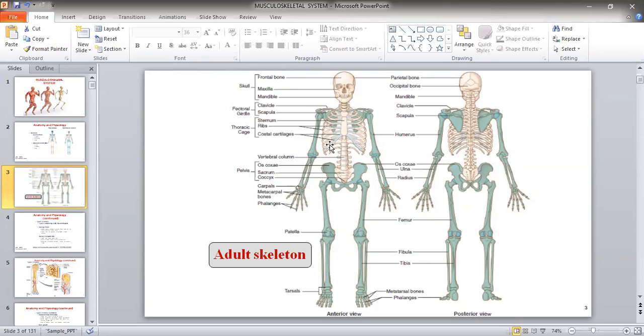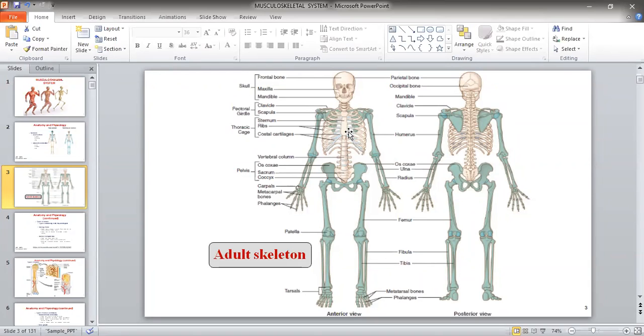Then the thoracic cage is made by the sternum, ribs, and costal cartilage. This is the thoracic area, so the lungs are situated inside the thoracic cage, and the brain is inside the skull. So the skull protects your brain, and the ribs protect your heart and your lungs.